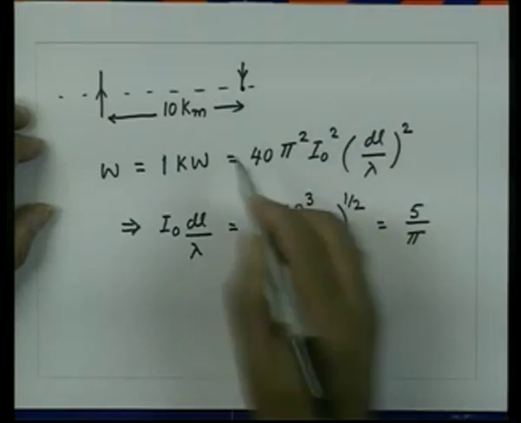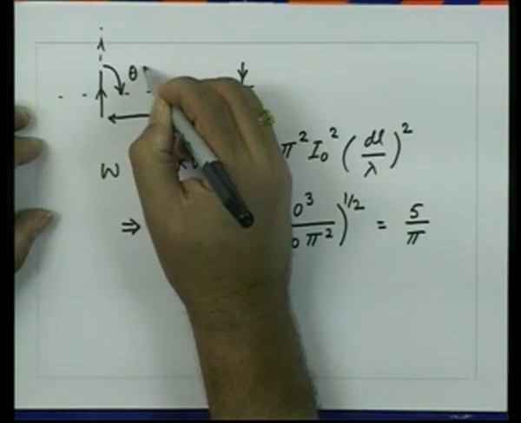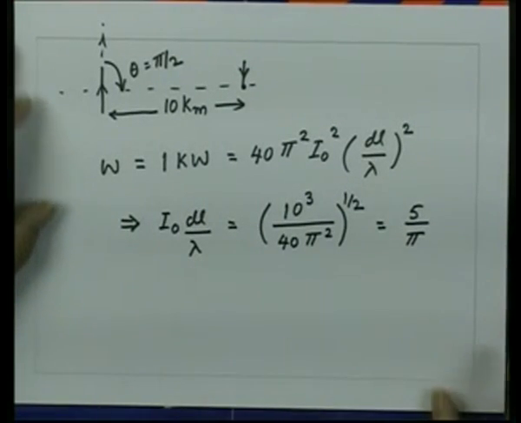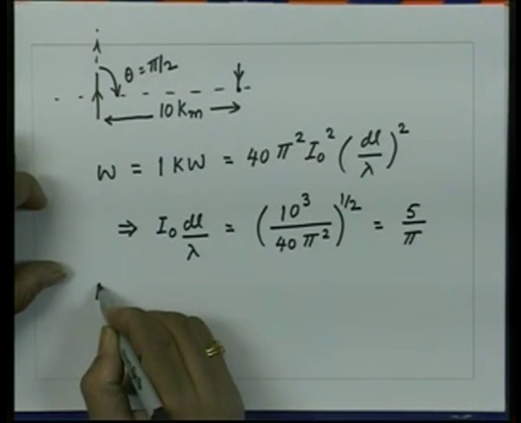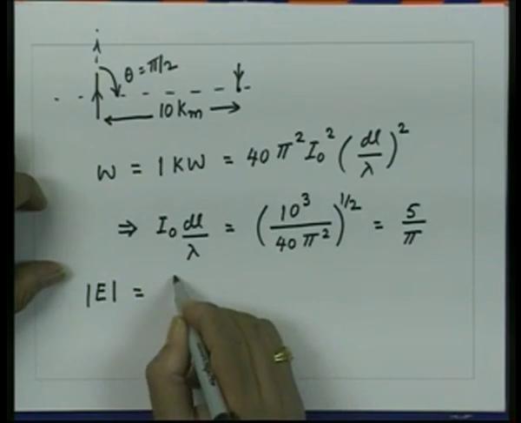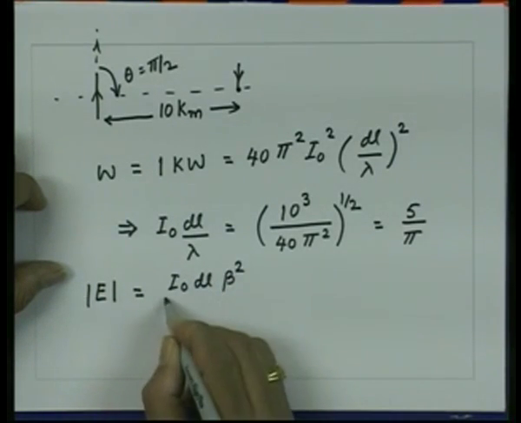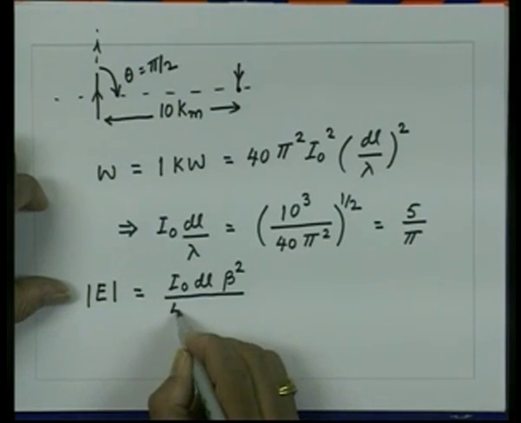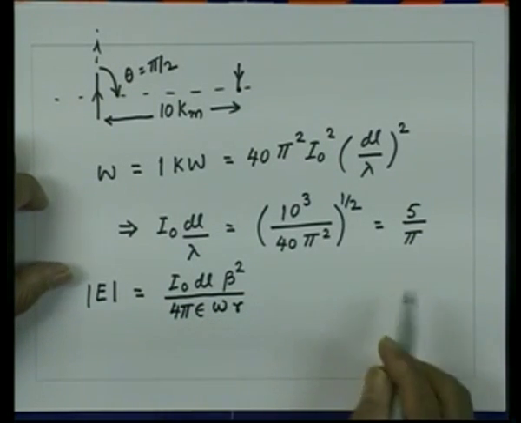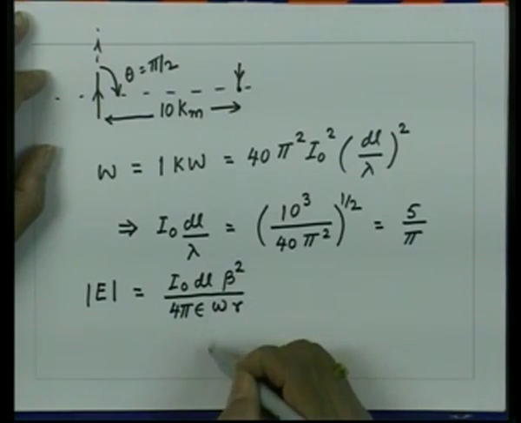Now, at this location, this is z axis. So, theta in this case is again 90 degrees, is pi by 2. So, we can get the magnitude of the electric field, that will be equal to I0 dl beta square upon 4 pi epsilon omega into r. The omega upon beta we can separate out.